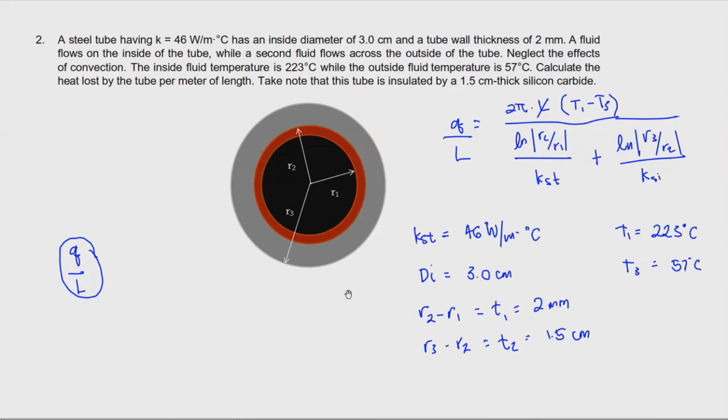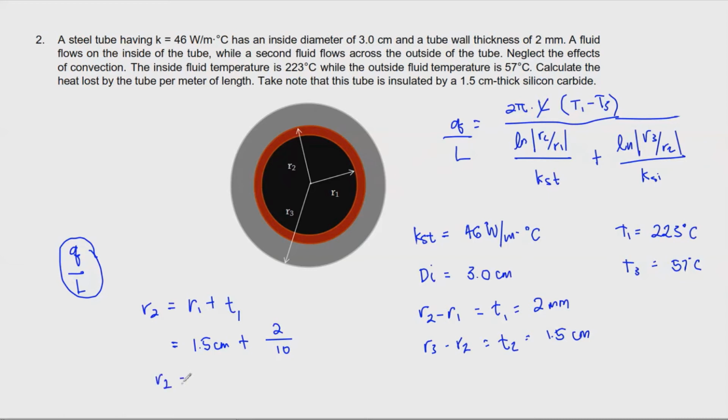But before anything else, since we will be using R sub 2 here, then we need to find R sub 2 and R sub 3 respectively. With that, remember, R sub 2 is actually equal to R sub 1 plus the thickness. So in this case, since R sub 1 is simply 1/2 of our inner diameter, that is 1.5 centimeter, and then we add some thickness, which is 2 mm, and that is simply divided by 10, because I have to convert it into centimeters.